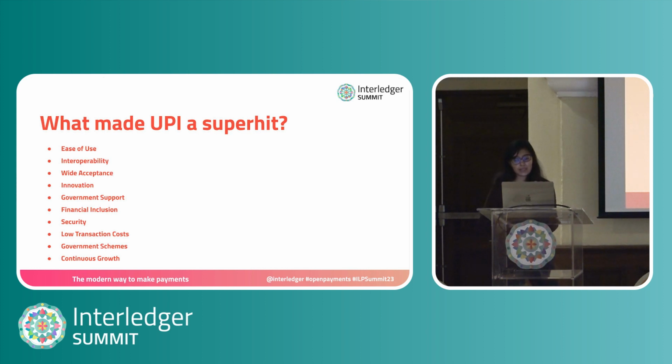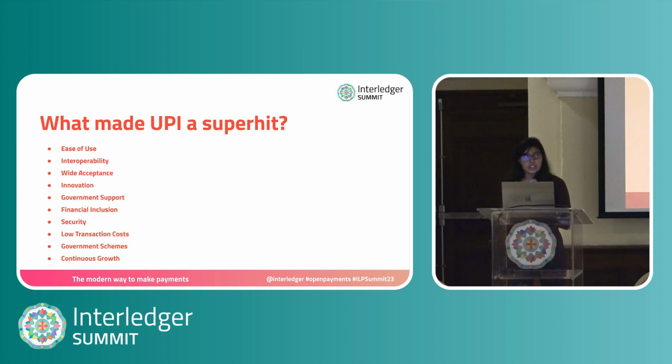And then interoperability. It works across multiple payment types and multiple banks. That is also one of the factors that contributed to the success. And wide acceptance, as we just talked about: multiple vendors, and almost everyone has a QR code for UPI, because you don't have to go out of your way to sign up for this.